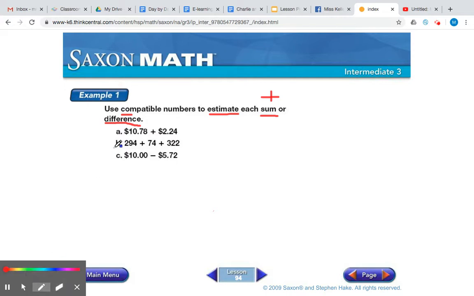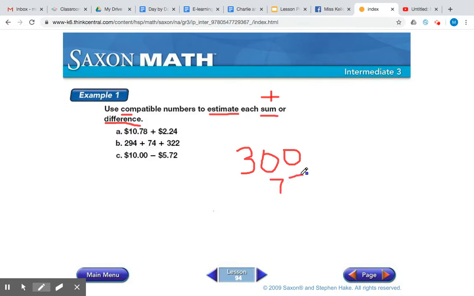All right, in problem B, we have 294 plus 74 plus 322. Again, even though this isn't in terms of change, we're still going to think in terms of 25s: 25, 50, 75, and 100. Now, 294 is pretty close to 300. 74 is pretty close to 75. And 322 is close to 325.